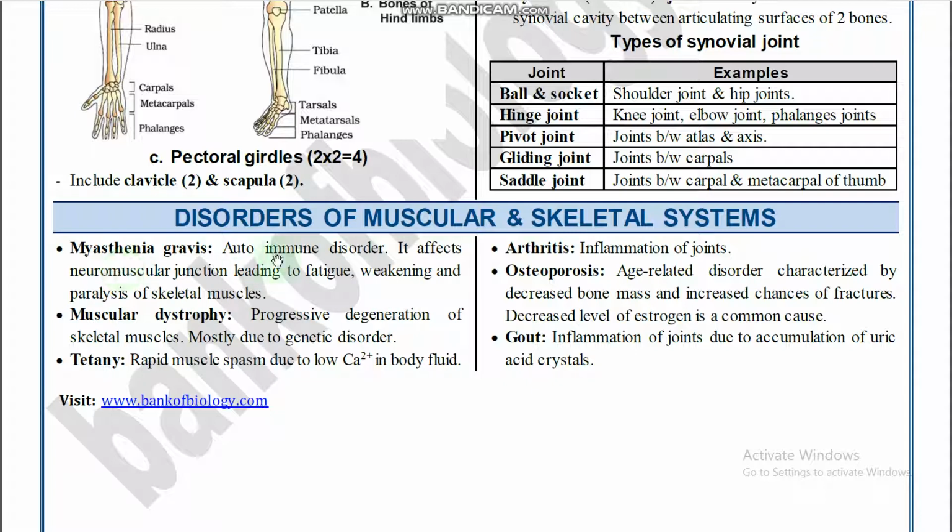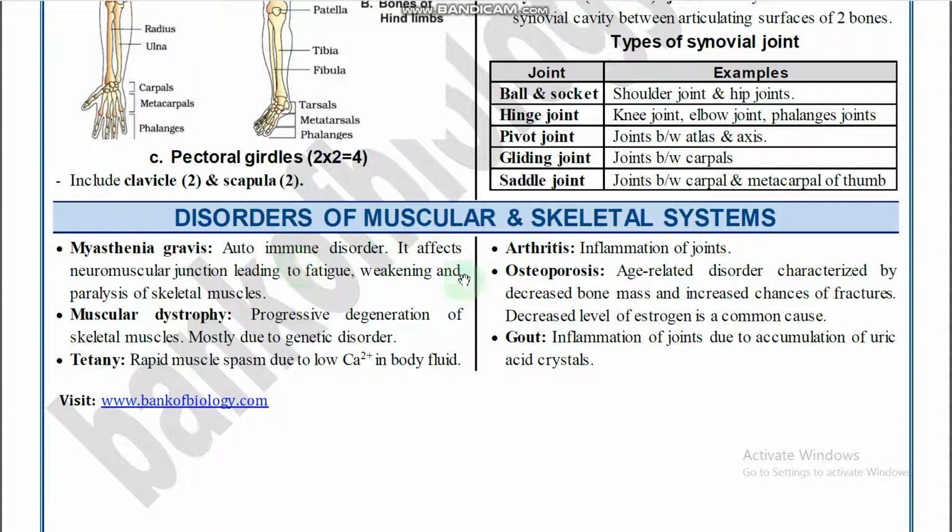Myasthenia gravis is an autoimmune disorder. What is the example of an autoimmune disorder of the musculoskeletal system? Myasthenia gravis. Generally people get confused between myasthenia gravis and muscular dystrophy, right? Myasthenia gravis affects the neuromuscular junction, leading to fatigue and weakening and paralysis of skeletal muscles. We discussed muscle contraction and the sliding filament theory, so the NMJ is the most important.